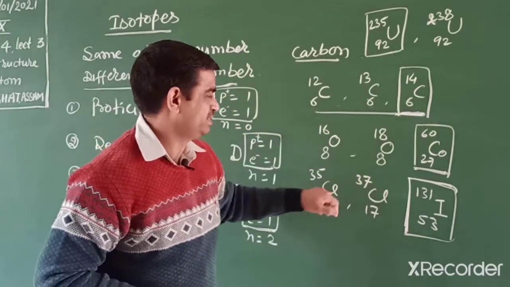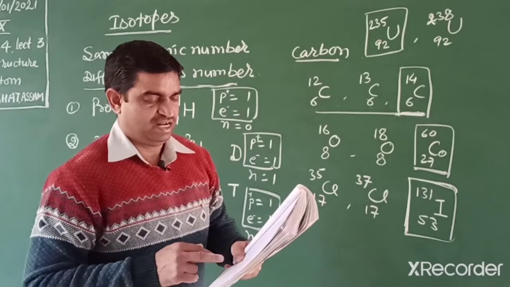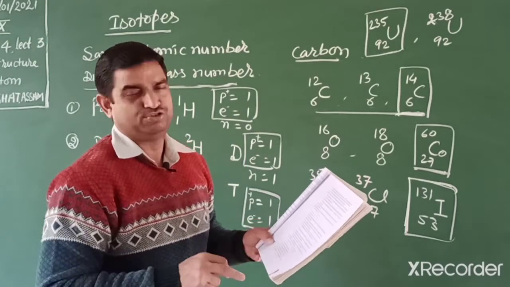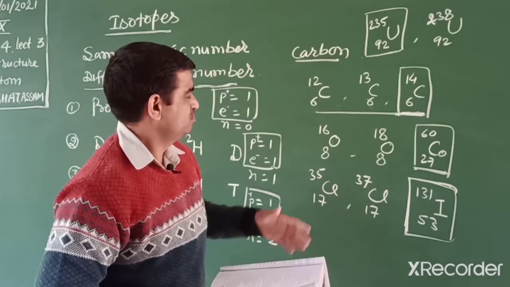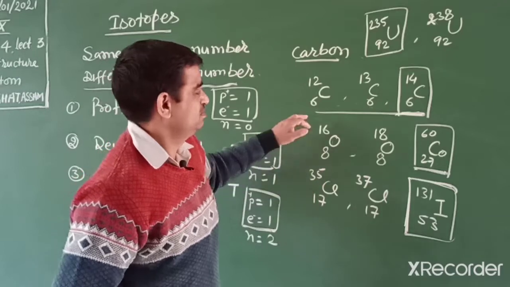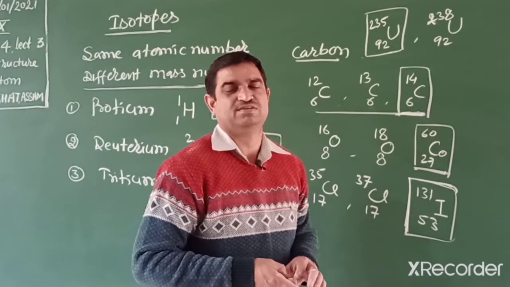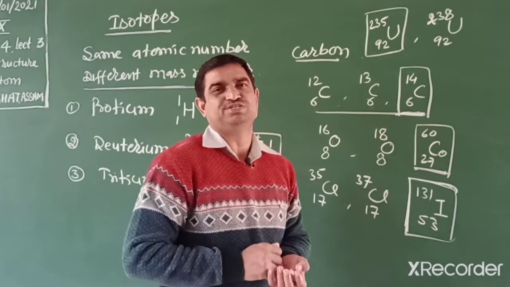The fourth option, a different atomic number, is also wrong. So in question number 16, option C is right. Different number of neutrons means different mass number. Physical property is also different, chemical property is the same.